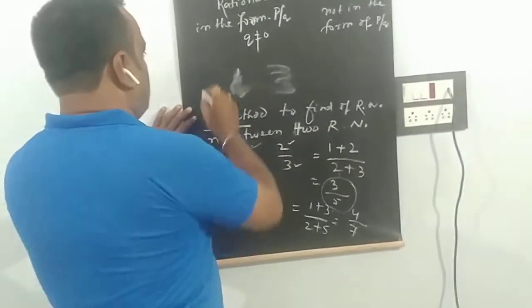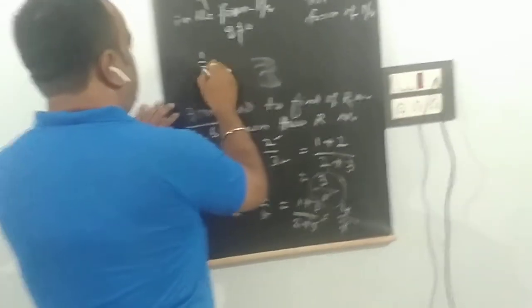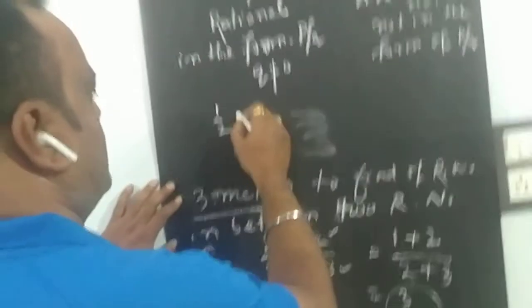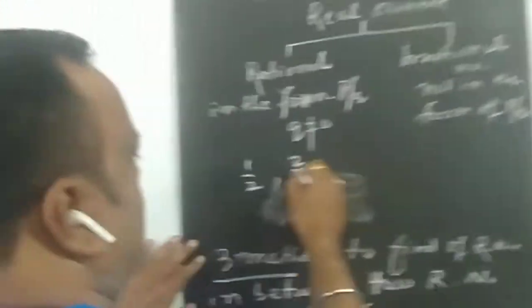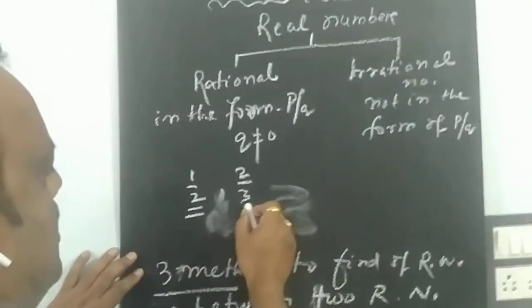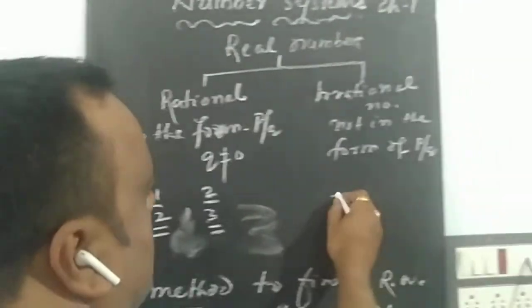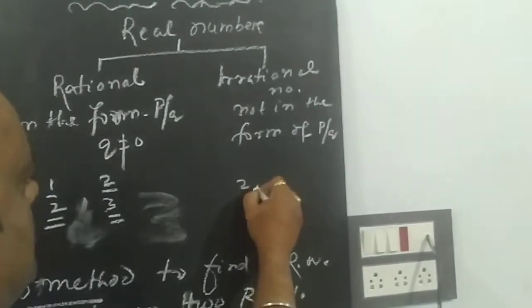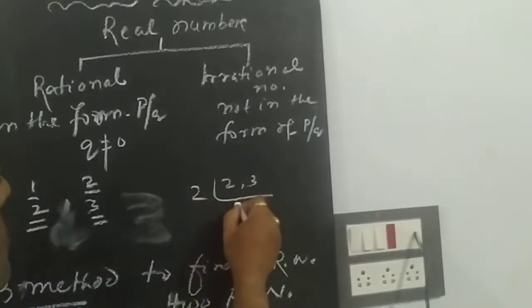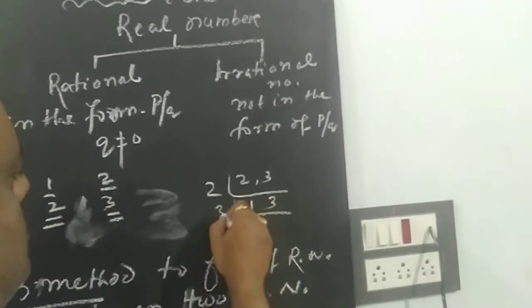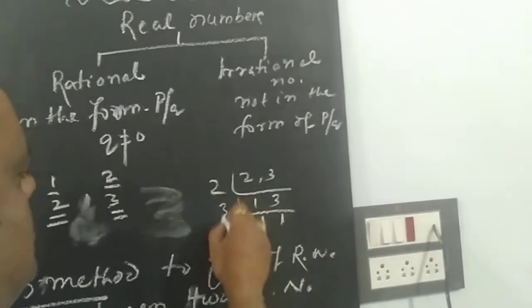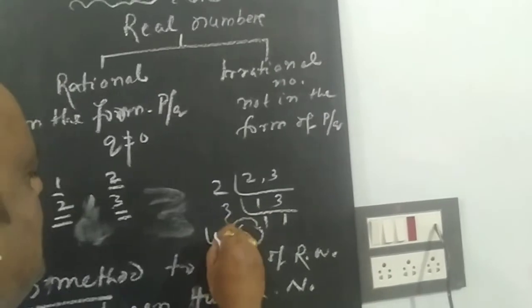Suppose the rational numbers given are 1 by 2 and 2 by 3. You find the LCM of 2 and 3. 2 threes are 6, so 6 is the LCM.